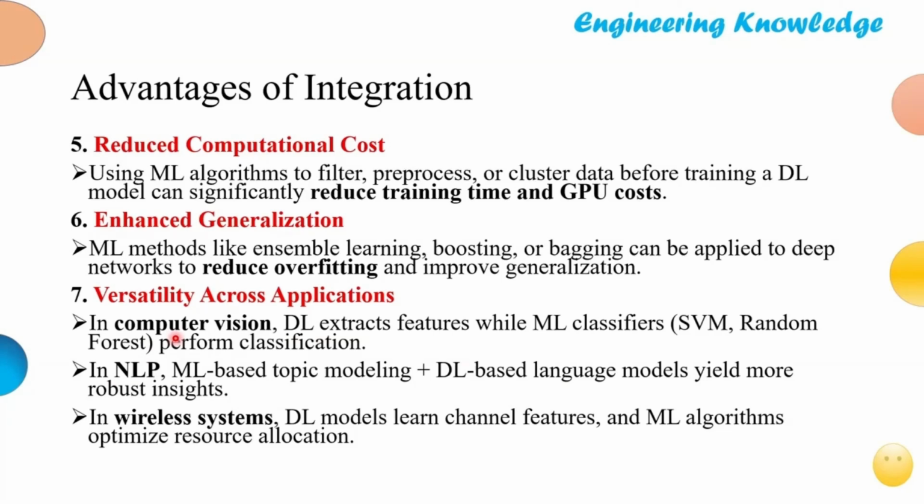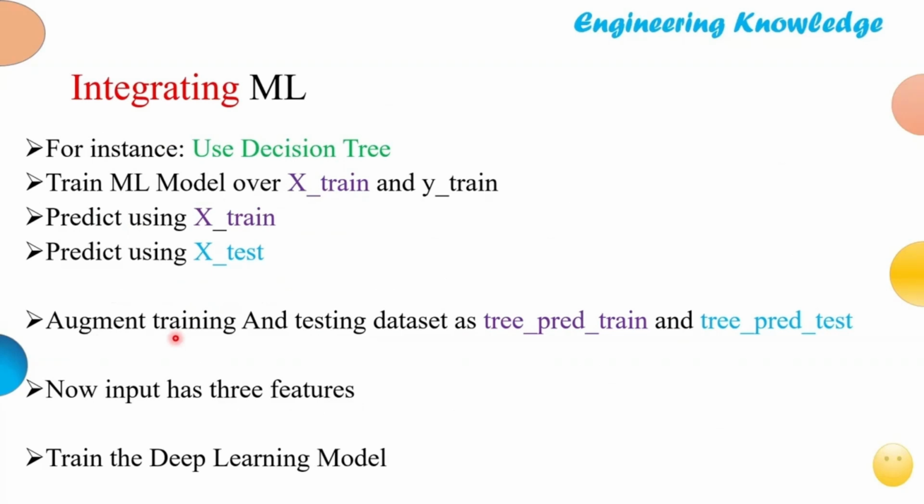So how am I going to do that in this present example? I'm going to use a decision tree as my machine learning model. I will train this machine learning model using the data set of X_train and Y_train, and then suppose the output is tree_pred_train.